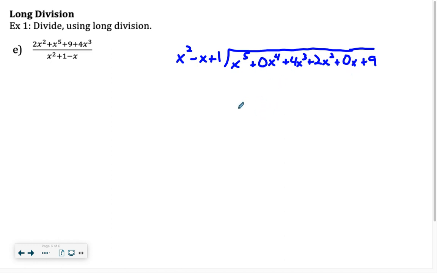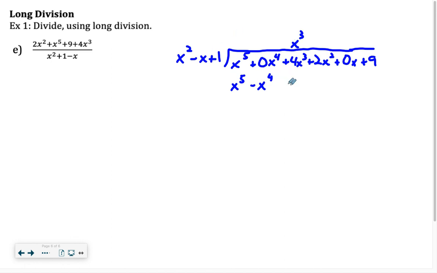All right, so then once we get that set up, the process is exactly the same. What we need to multiply x squared by to get x to the 5th, well, that would be x to the 3rd power. Then take x cubed and multiply it by all of this. So x cubed times x squared would be x to the 5th. X cubed times negative x would be negative x to the 4th.